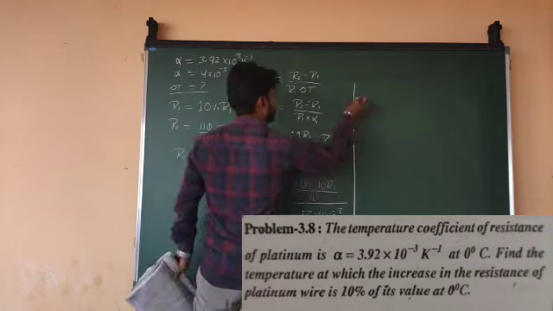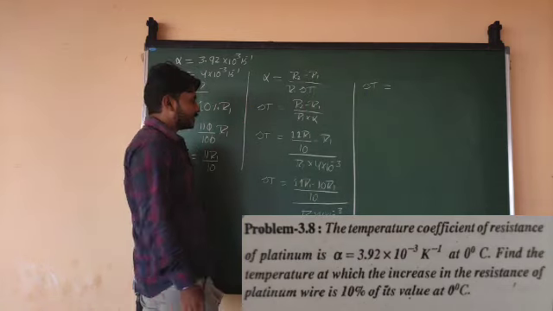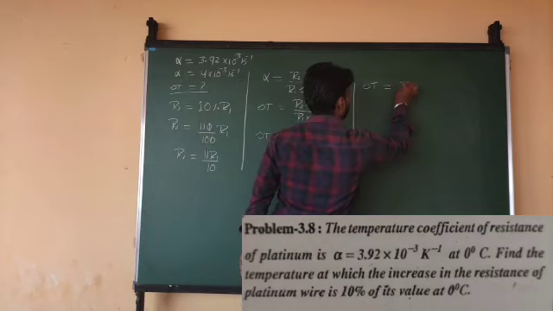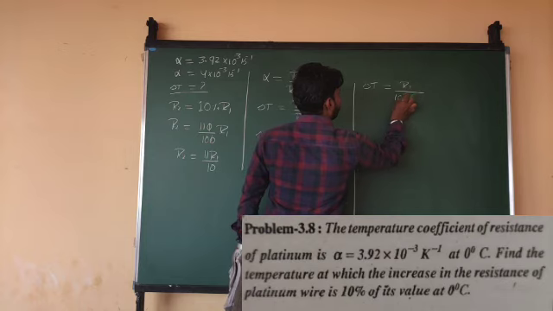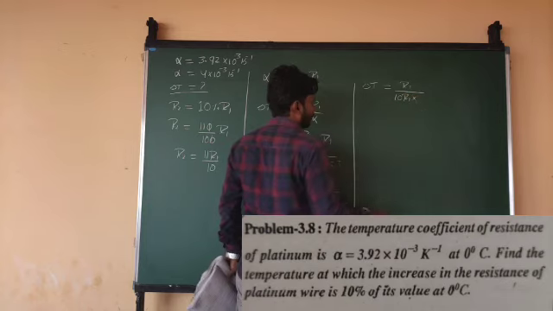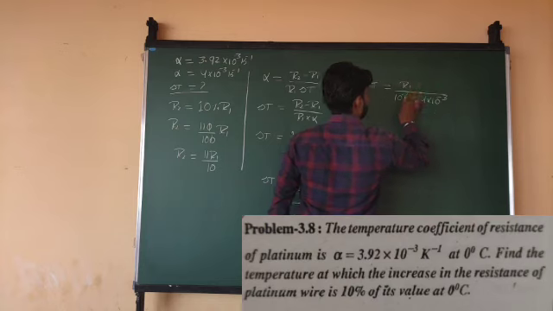Look at the value. Delta T is equal to 11 R1 minus 10 R1, so that is R1, divided by 10 R1 into 4 into 10 to the power of minus 3.